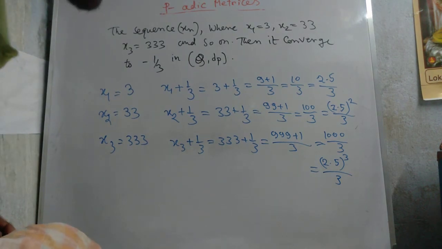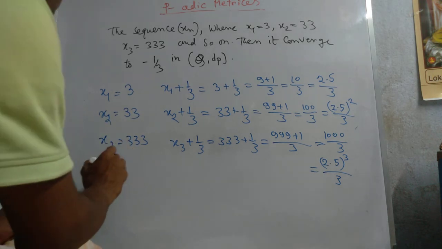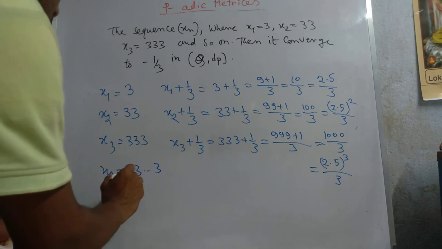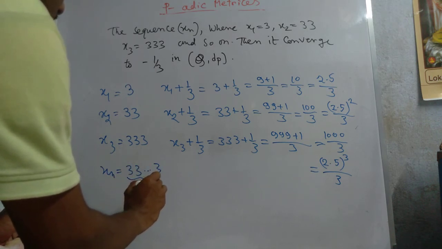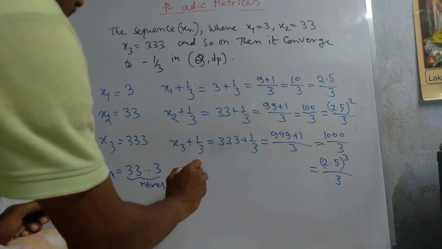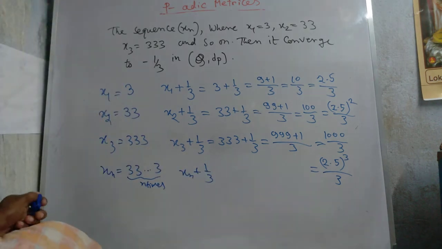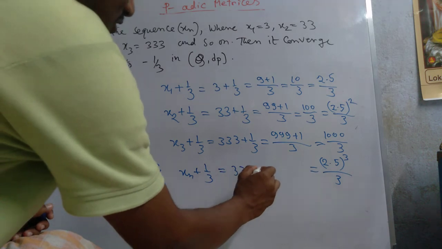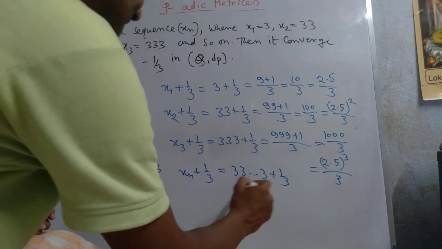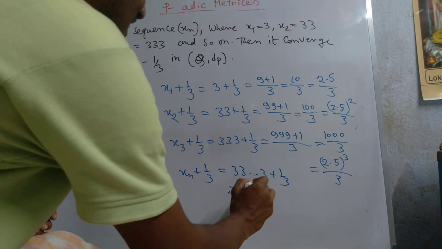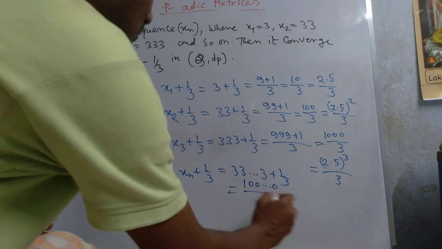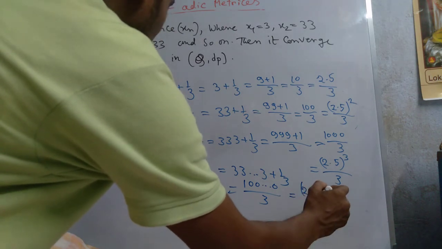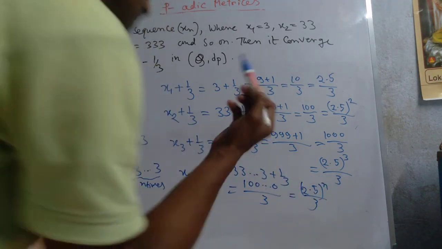Then what do we get? In this way x_n equals 3 dot dot dot, n times. Then x_n plus 1 by 3 equals 10 dot dot 0 by 3 equals 2 into 5 to the power n by 3.